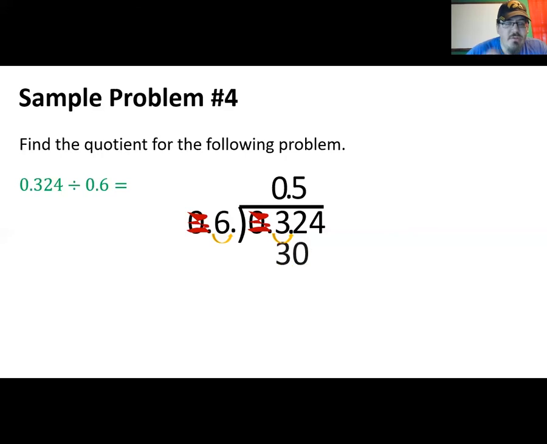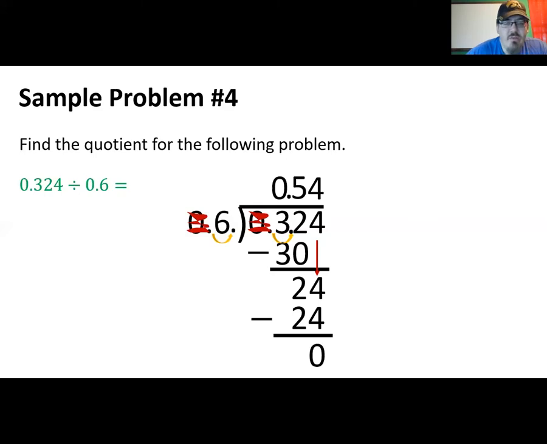5 times 6 is 30. We then subtract 32 minus the 30 gets you 2. Bring down the next digit. 6 goes into 24 4 times. And it actually goes in there exactly 4 times. So we're always trying to get as close to the number without going over. When we subtract, we end up with 0.